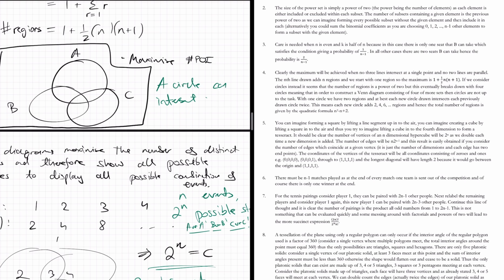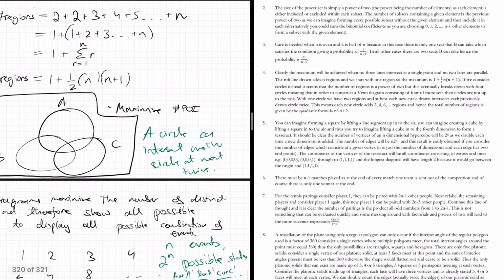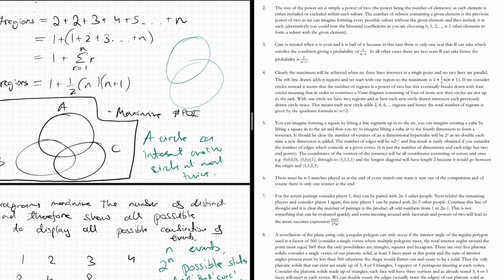And therefore, the second circle will add 2 regions, which we see when it goes from 2 to 4 regions. I guess each intersection point adds a region. We just went over this, but each intersection point adds a region.